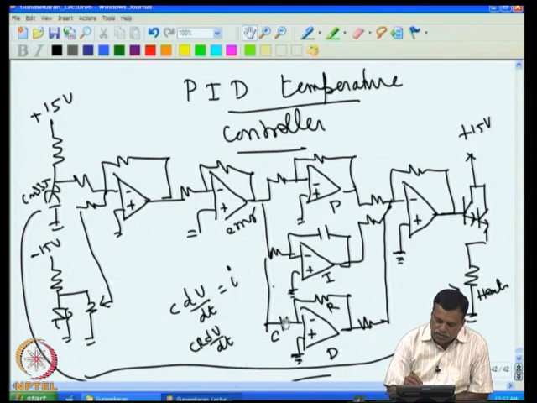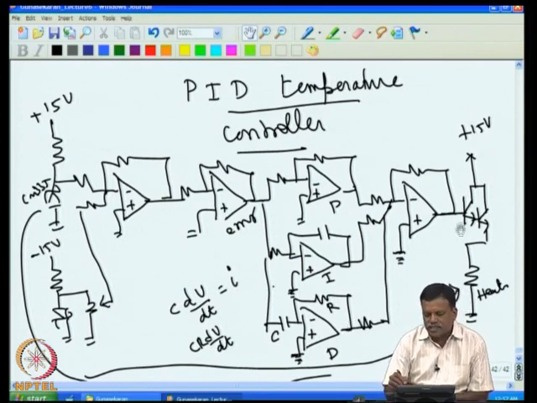If a large C is used, then CR into dV by dt is the output voltage here, and even a small change will produce a large change in voltage here, and that can saturate. And we know that the system always has noise. So if I put a large C, even low frequency noise itself can produce a large voltage change here, and the system will be driven by the noise only, not by the error. That is not desirable.